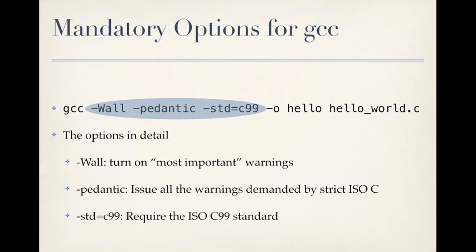But C11 doesn't really bring us too many things which are important for our work here during this course, so we can stay at C99. If you like, you can also state C11 here, and then you would compile following the C11 standard. It would not make too many differences.